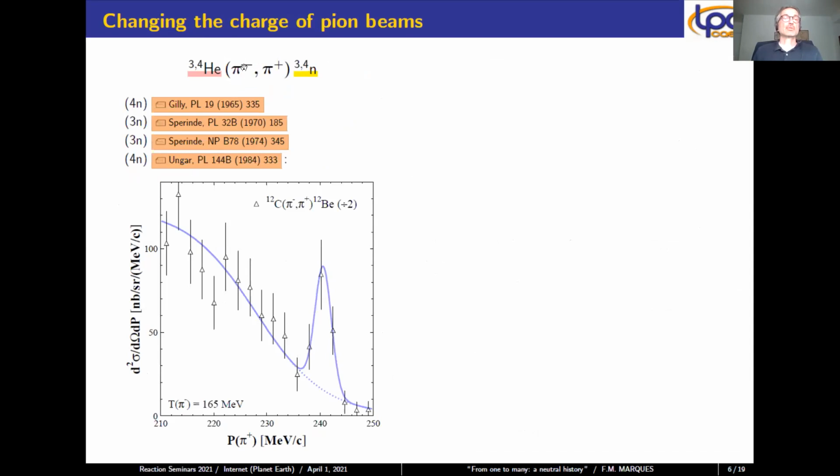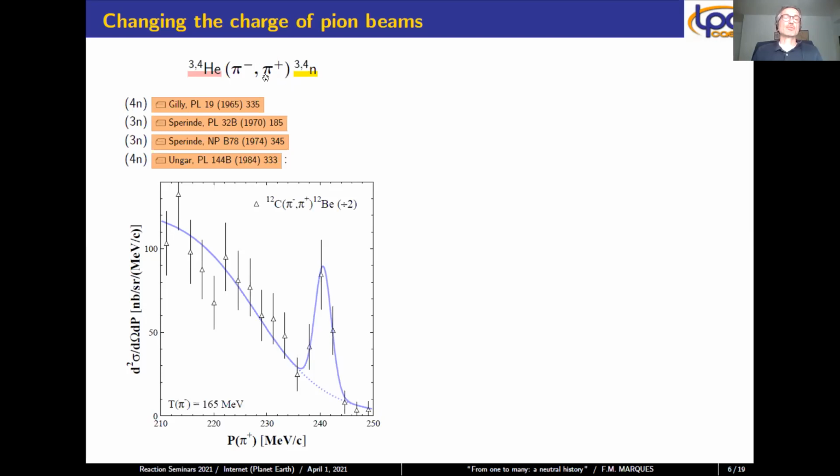These experiments use helium targets and a negative pion beam, and then you detect the positive pion after the reaction. This pi minus pi plus reaction transforms the helium-3 and helium-4 into 3 or 4 neutrons.